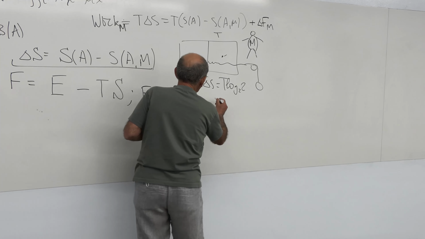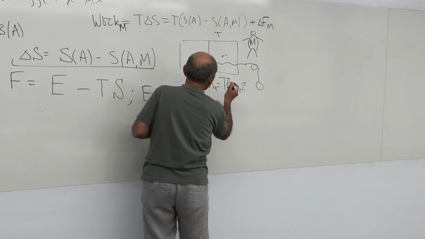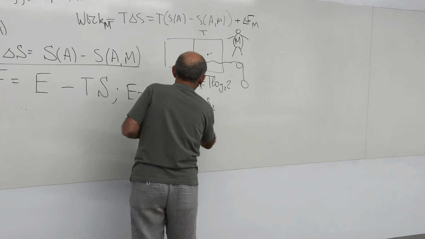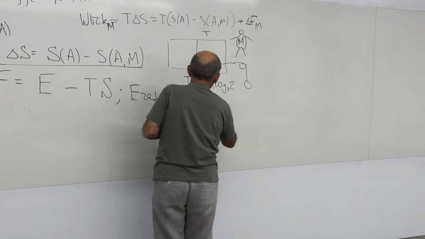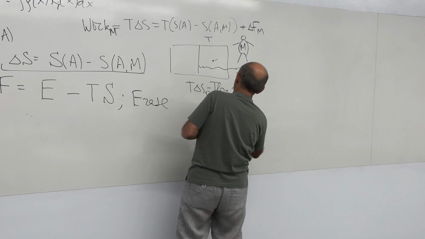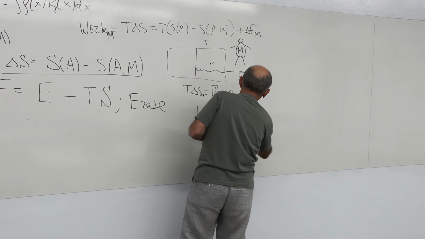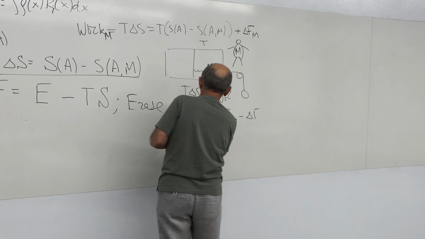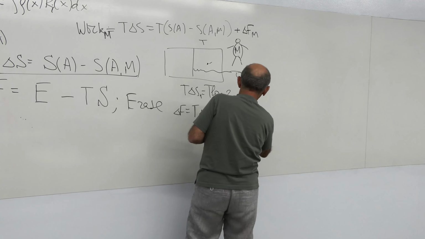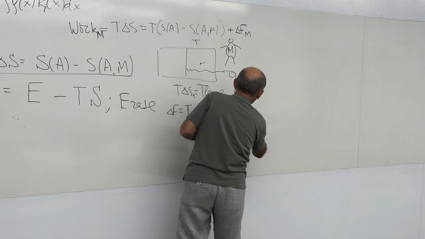Okay? Now, let's say this was delta S1, your delta S2 would be something which would be S of M, and you would also change delta F, which would be T delta S_M minus delta F_M.